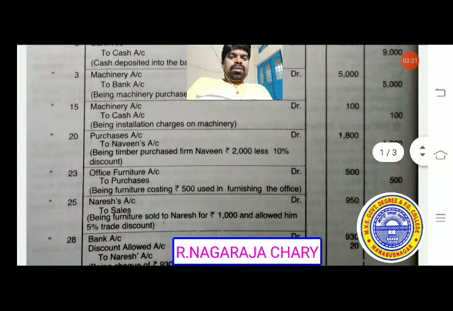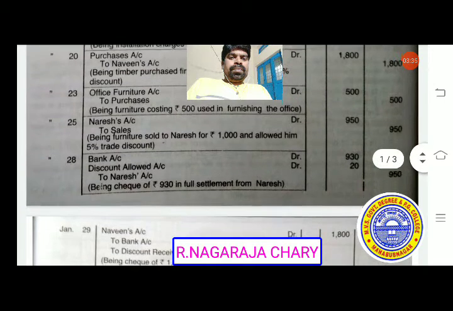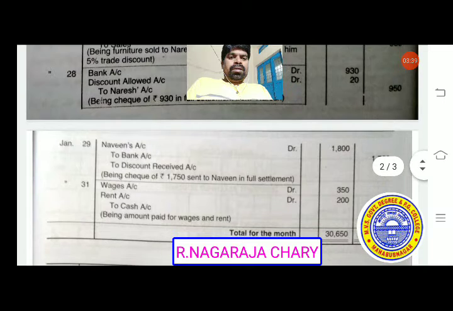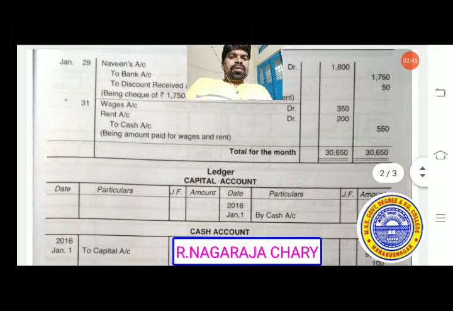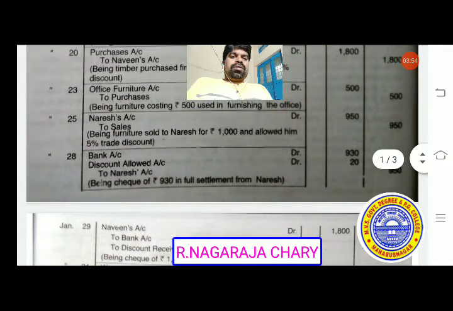Next purchase account, Navin account, office furniture account, Naresh account, sales account, bank account, discount account, Navin bank already prepared, discount received account, wages account, rent account. Cash is already prepared. So these are the ledger accounts we have to prepare.